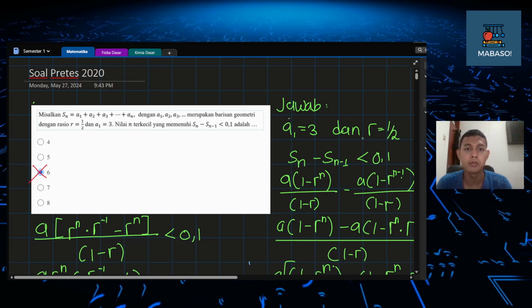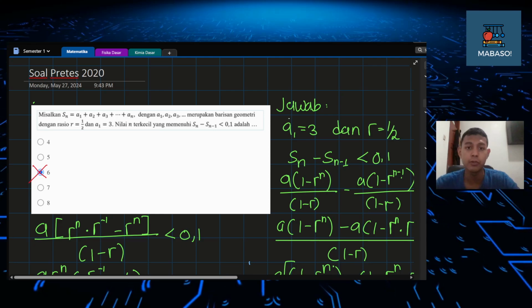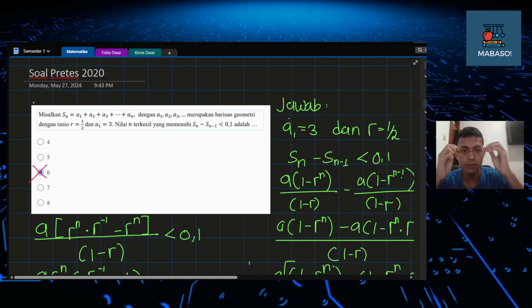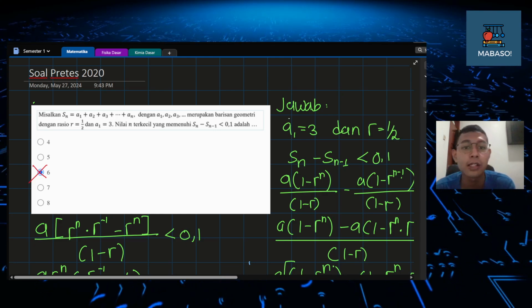So today we will be discussing another problem. This is an interesting problem from the 2023 pretest from Institut Teknologi Bandung.